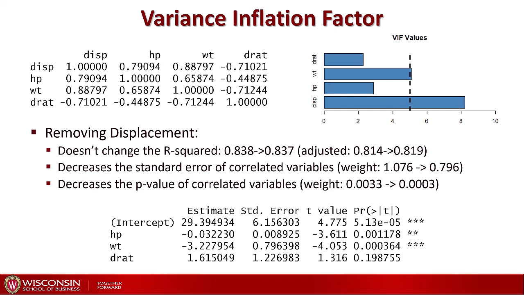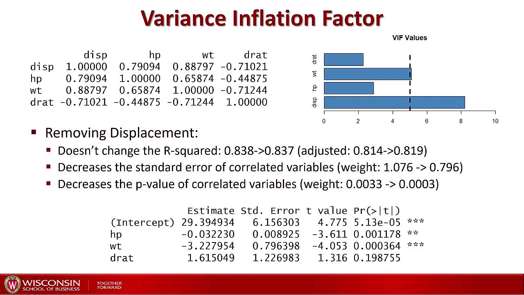This is what we see at the bottom, and before we had a standard error for weight of above 1, and now it went down to around 0.8. And finally, it also decreases the p-value of the correlated variables. So weight went down from 0.3% to 0.03% for the p-value.